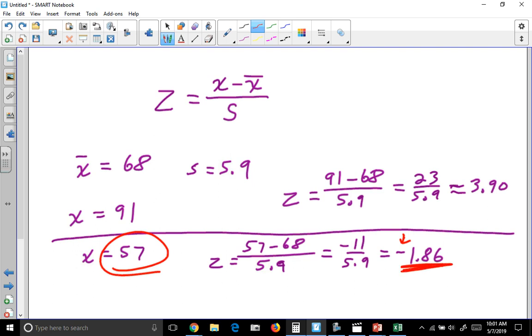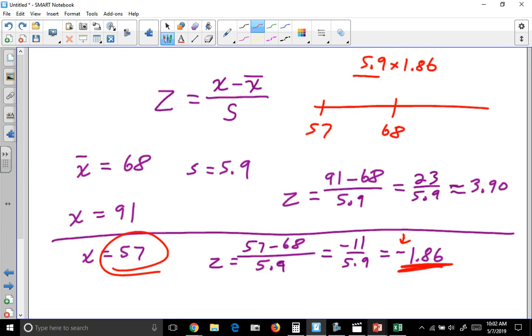And then 1.86 is just a multiple of how many standard deviations it takes to get from the mean down to 57. So if the standard deviation is 5.9, we would have to go 5.9, not just one time, but not quite 2.